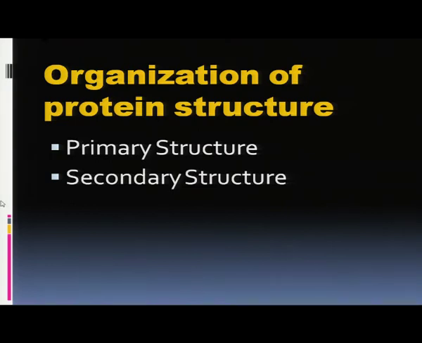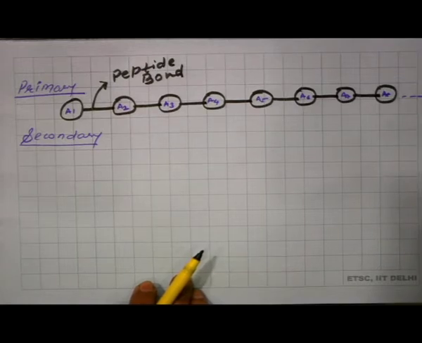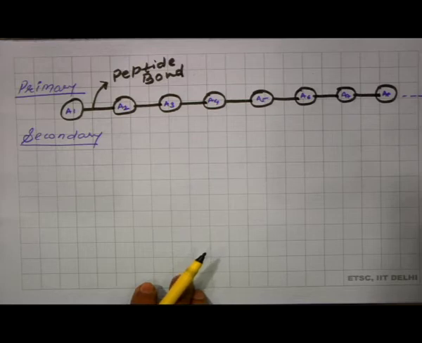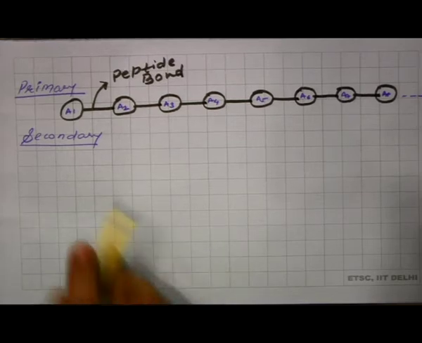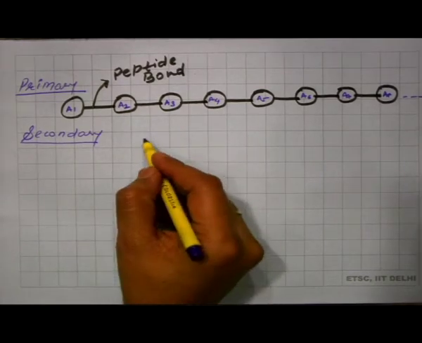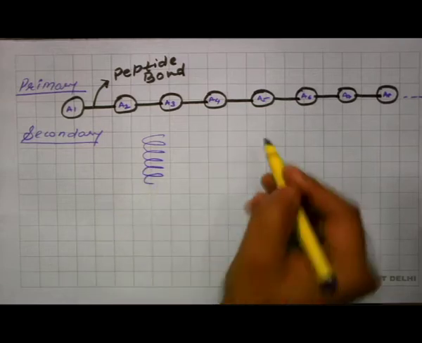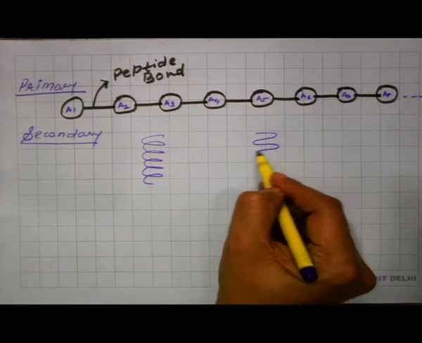In case of secondary structure, hydrogen bond is produced in between the electronegative oxygen and electropositive hydrogen, and this linear structure of polypeptide chain will either form a helix or they will form a beta pleated sheet.